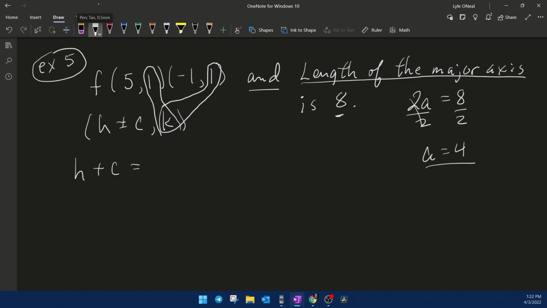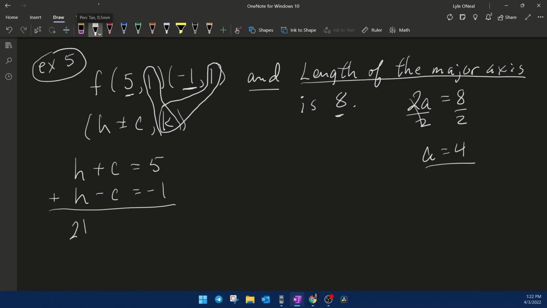So h plus c would have to be 5, and then h minus c would be the smaller of the two x coordinates. And now we're going to use our knowledge of systems of linear equations, and we're going to be able to solve for h and c using the addition method.